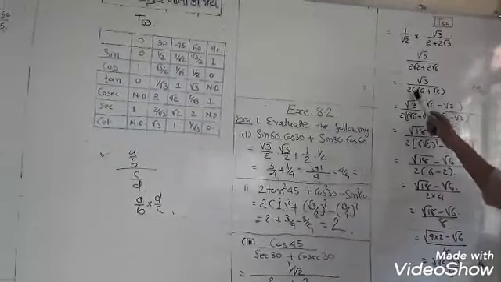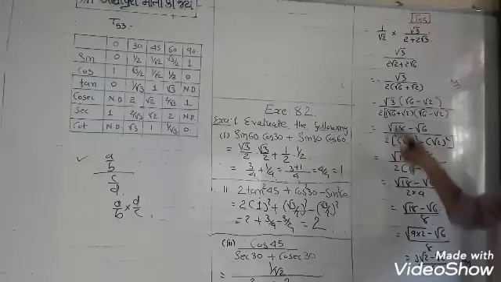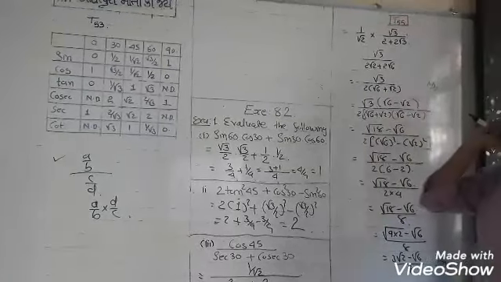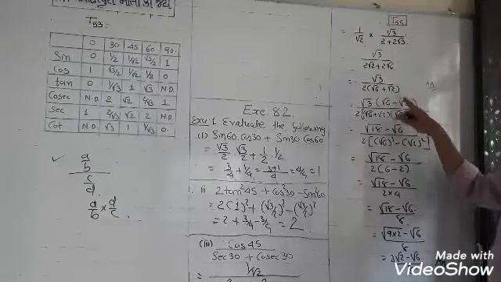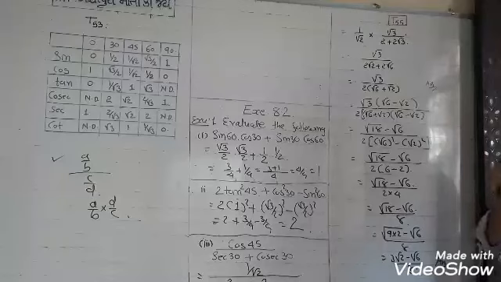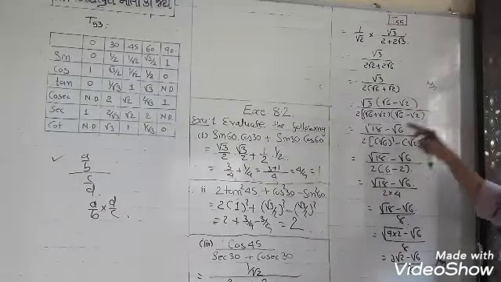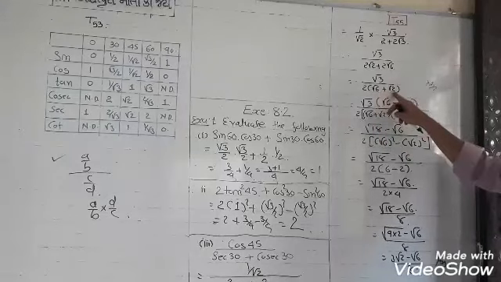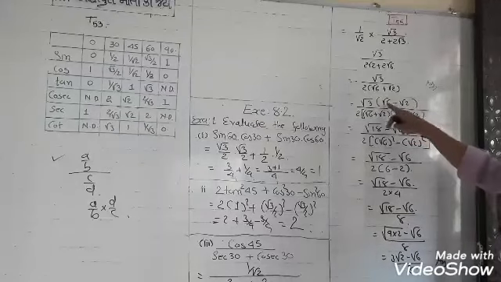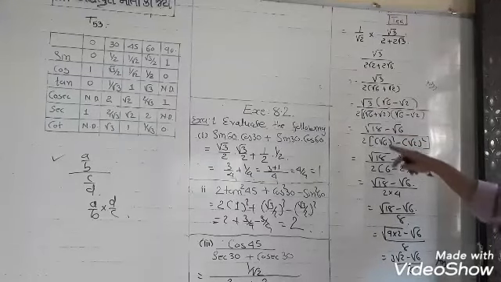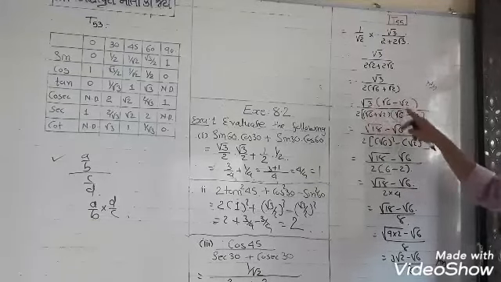But we know that generally we will not keep an irrational number in the denominator. So I will rationalize: the rationalizing factor of root 6 plus root 2 is root 6 minus root 2, multiplied and divided. Squaring: 3 6s are 18, 3 2s are 6.